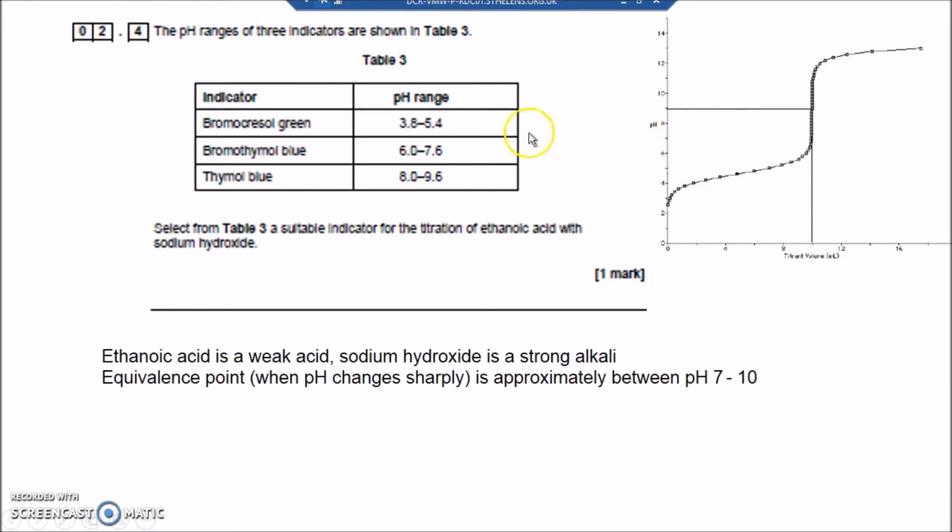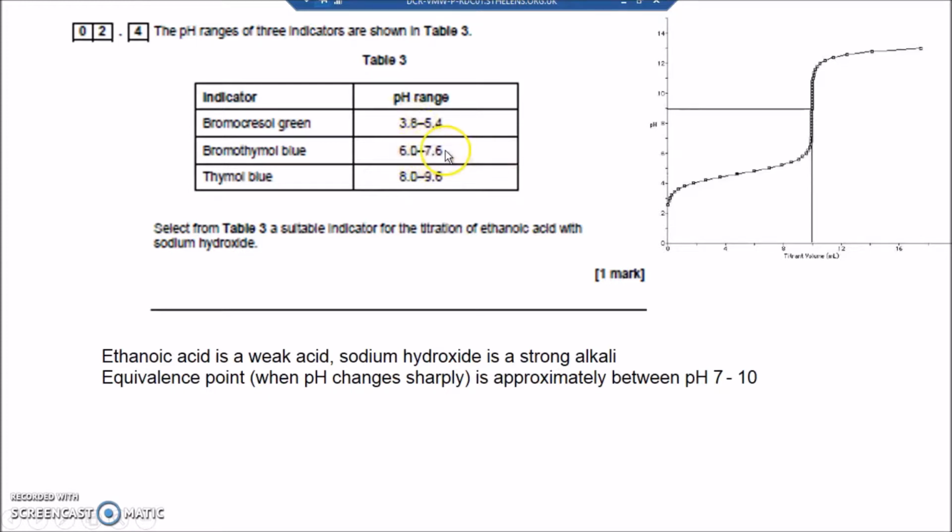So I've got to try and find an indicator that works within that range. So my answer is 3.8 to 6.4. No, 3.8 is below where it's rising at 7. So 6 or 7 to 11.